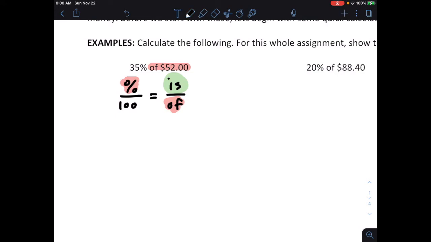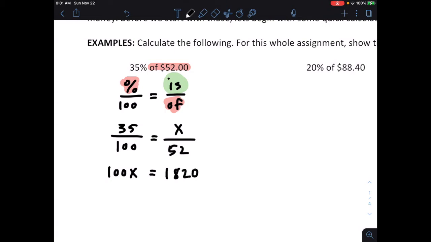Okay, so if we have 35%, we're only going to be filling in those two that I highlighted in red. So we have 35 over 100 is equal to x over 52. And so we'll cross multiply. So we have 100x is equal to, and now this is where we're going to need a calculator. We do 35 times 52 on our calculator, and we get 1,820.